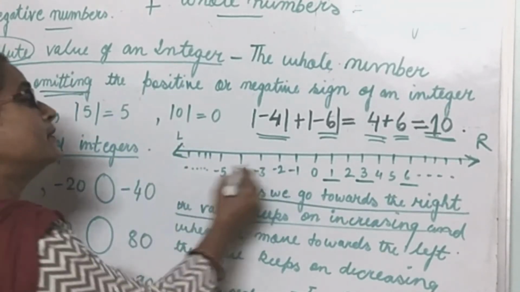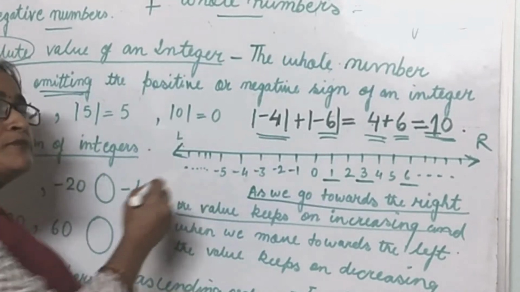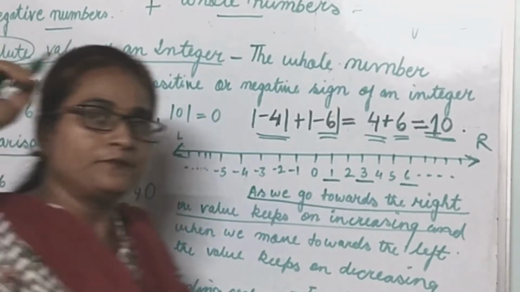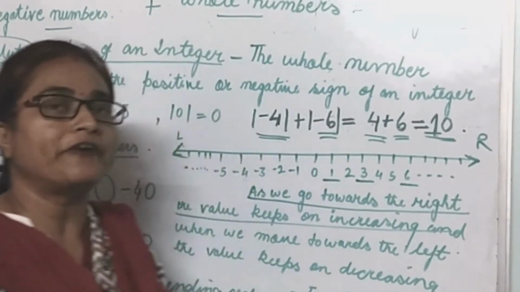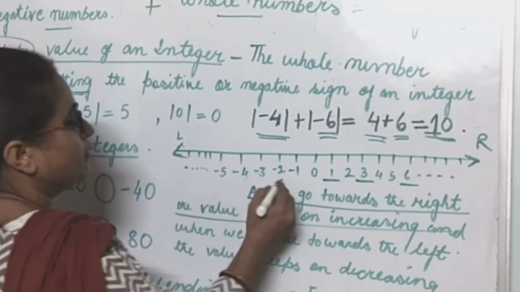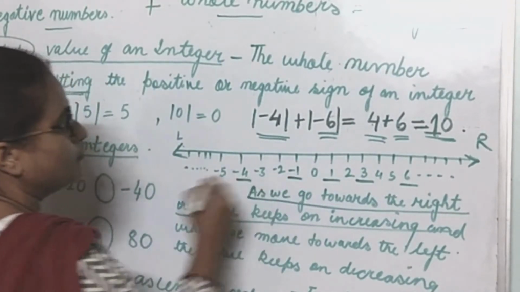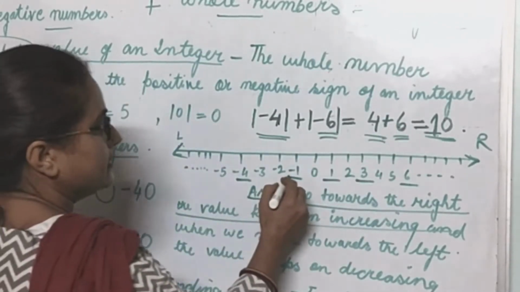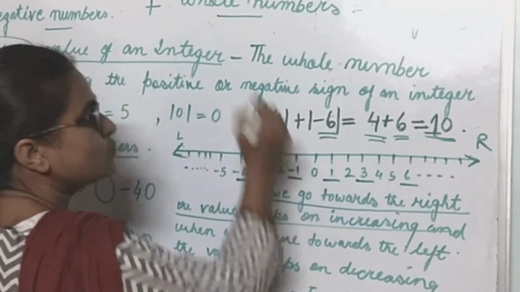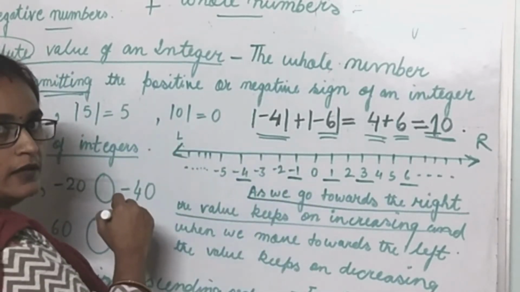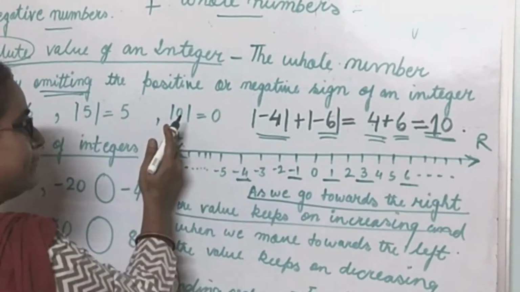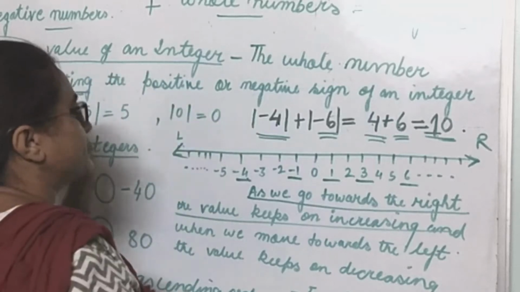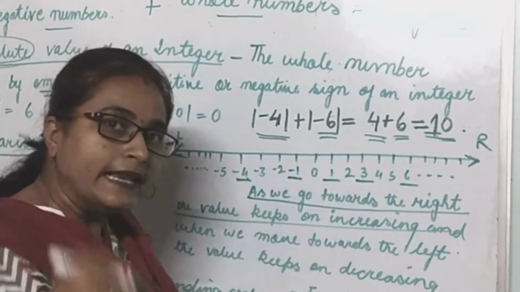The absolute number might be increasing, but the value keeps on reducing. If I say minus 1 and minus 4, which number is towards the right? It is minus 1. So minus 1 is greater than minus 4, because minus 4 is towards the left, and if a number is towards the left, its value is less.